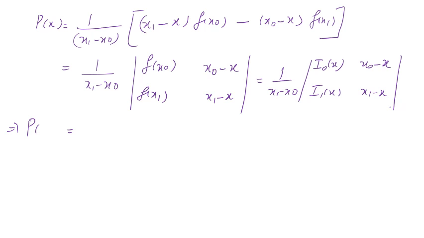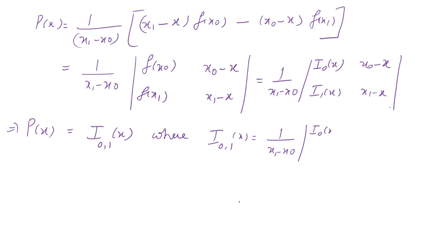This implies P of x is now written as I01 of x, where I01 of x is this determinant: 1 by x1 minus x0, I0x, x0 minus x, I1x, x1 minus x, right?